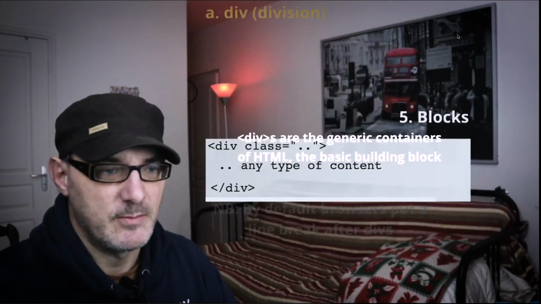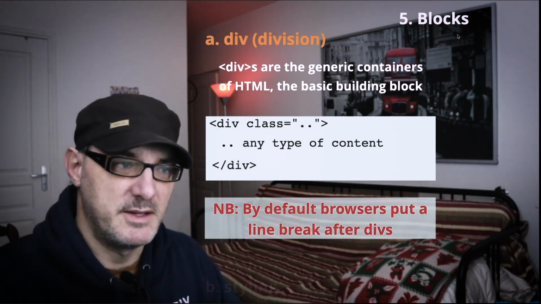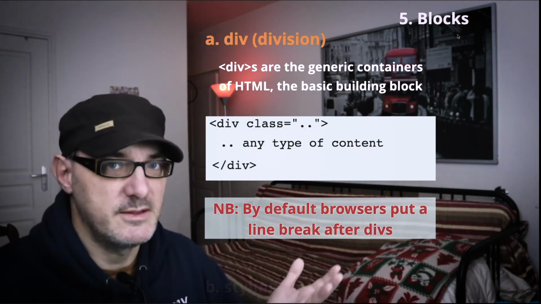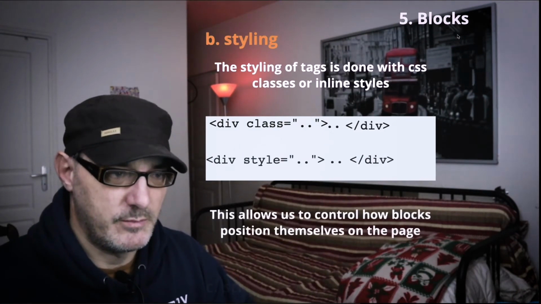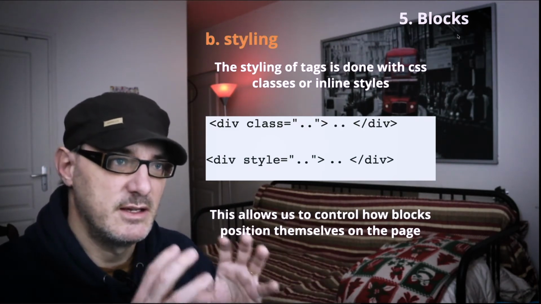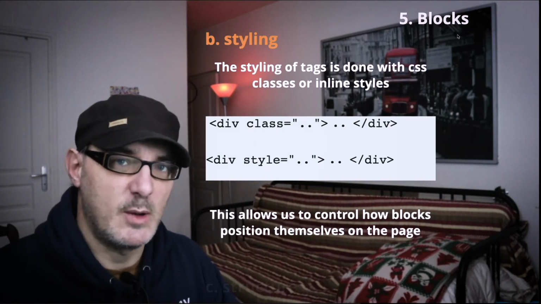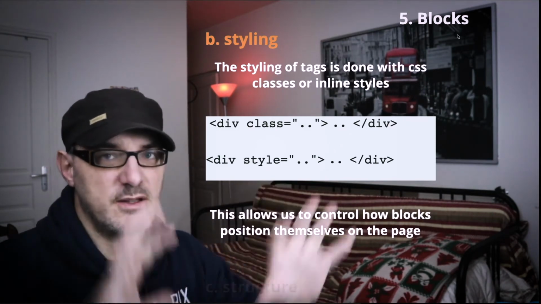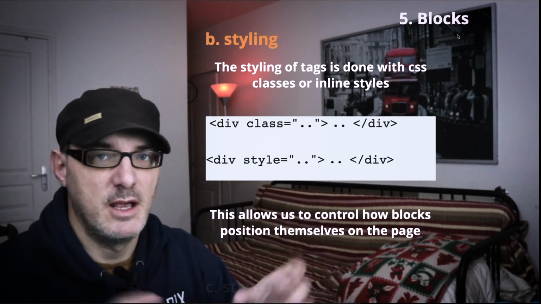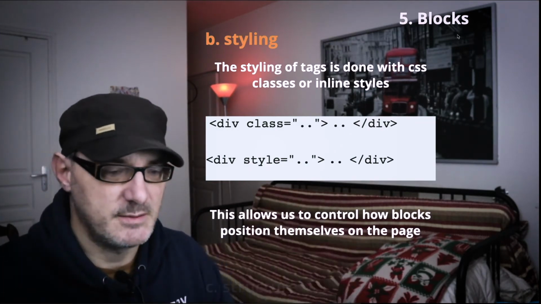The basic building block for a web page is a div, a division. These are the generic containers of HTML. As I mentioned earlier, the styling of these divs, of these divisions, is done with CSS, and that's what allows us to position the divisions on the page relative to each other and based on what the screen size is.